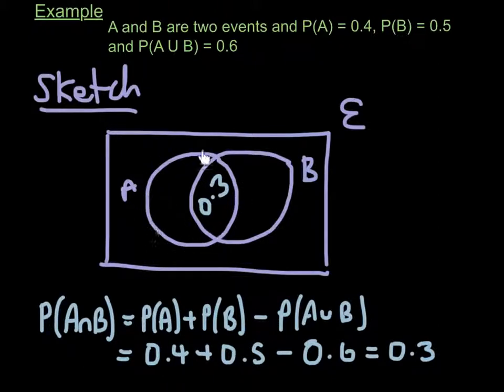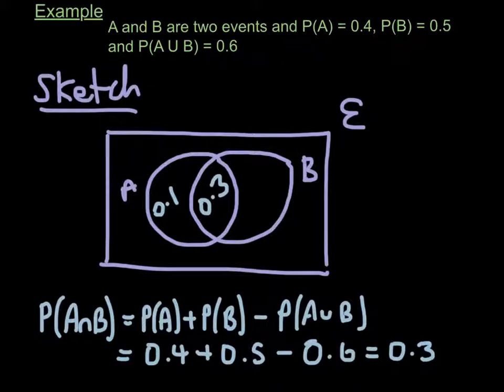So A is 0.4. So we know that little crescent shape there is going to be 0.1 because 0.1 plus 0.3 adds up to the 0.4. And then the other crescent shape with B, we know that circle B is going to have to add up to 0.5. So this little section here is going to have to add together with the 0.3 to get 0.5.